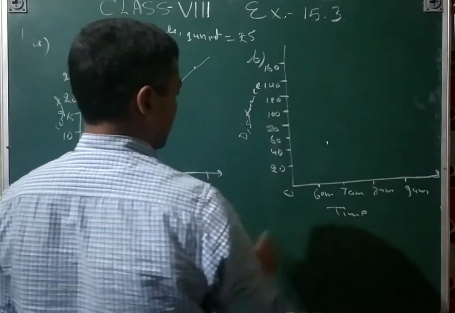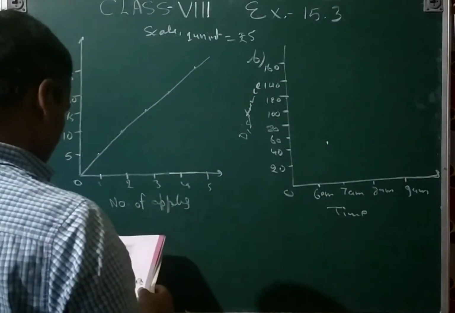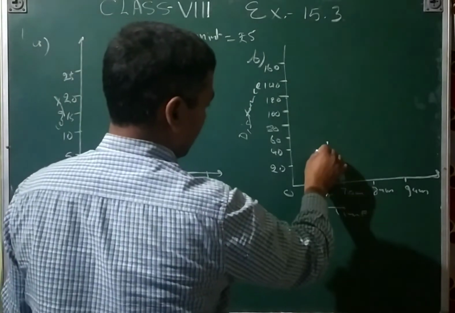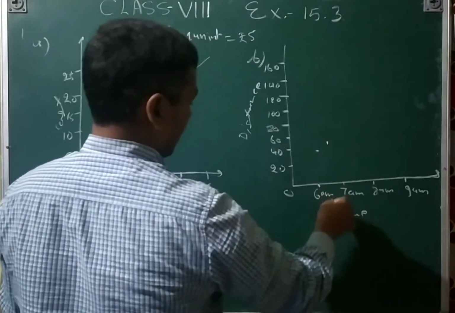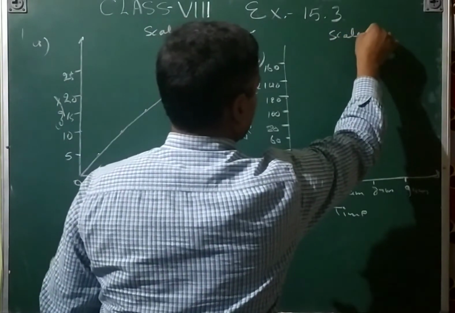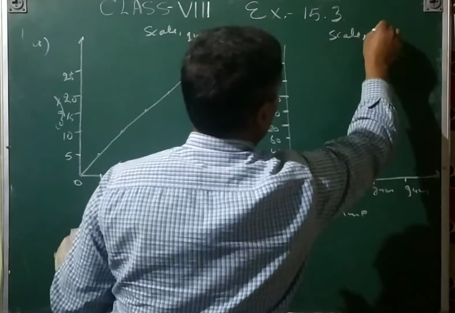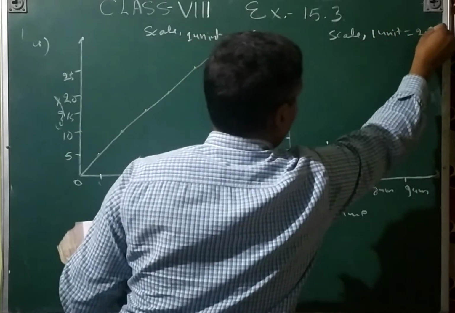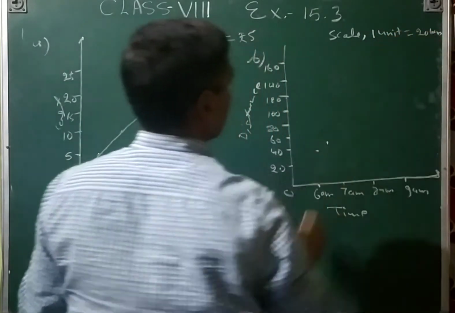You will write distance. And the first day, that is 40 kilometer. And then you can write the scale here. Scale will be 1 unit is equal to 20 km, or you can write 40 km also.